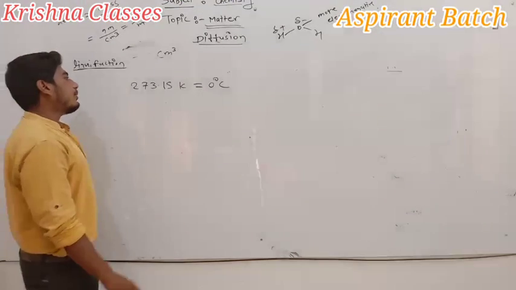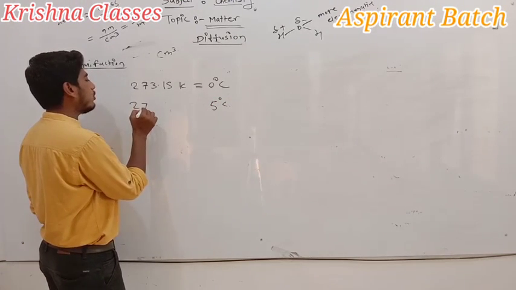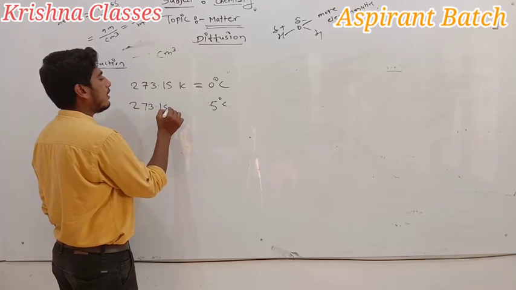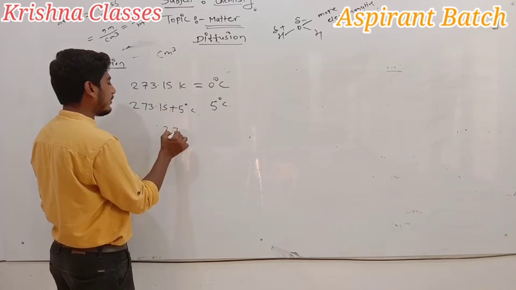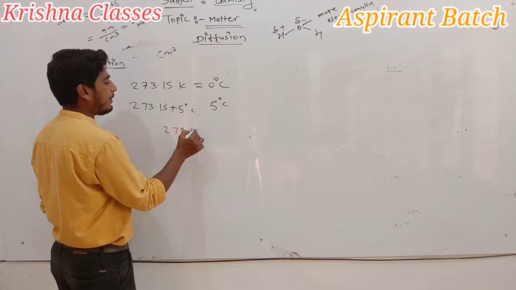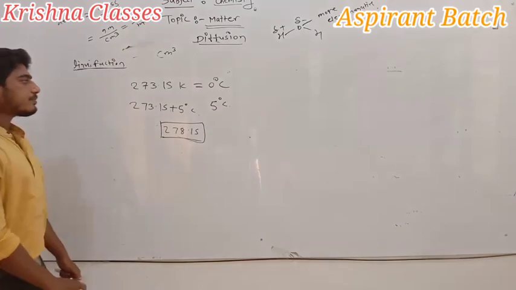That means if we have a temperature of 5 degrees Celsius, then we have to add 273.15 plus 5, which is equal to 278.15 Kelvin. This is the answer for this question.